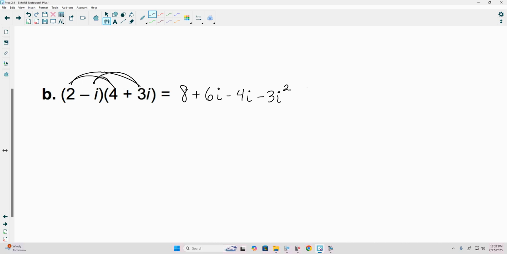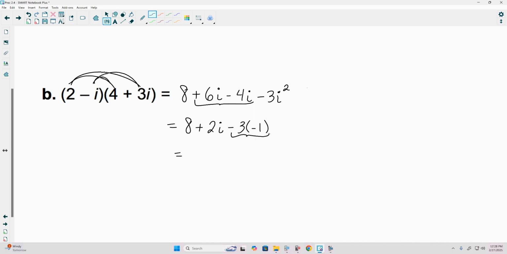Now at this point here, we can start combining like terms. 8 doesn't have any like terms, but our 6i minus 4i is going to be plus 2i. Now powers of i, we can't leave i to a power greater than 1, but i squared is negative 1.